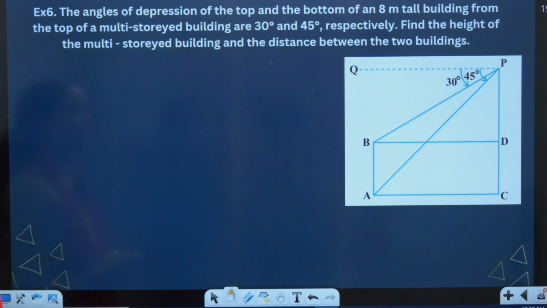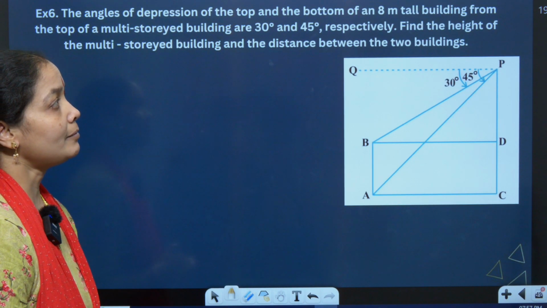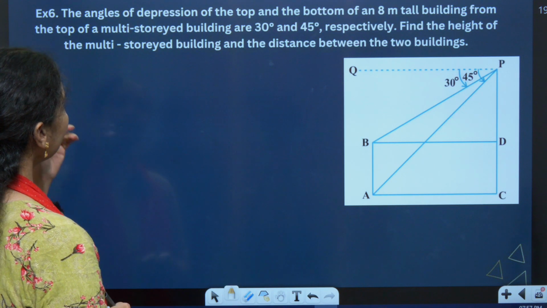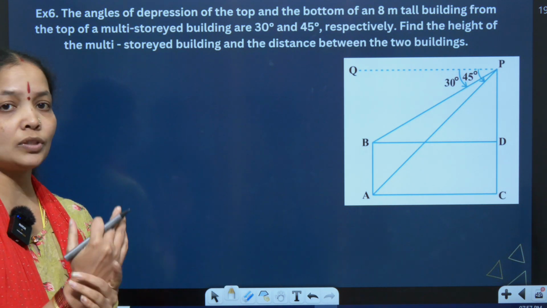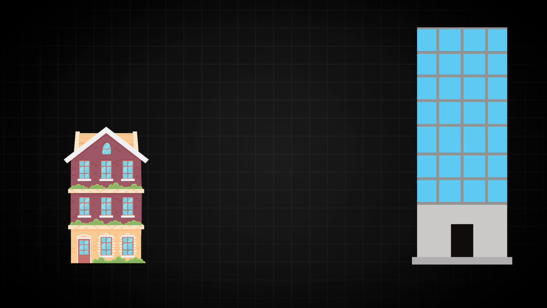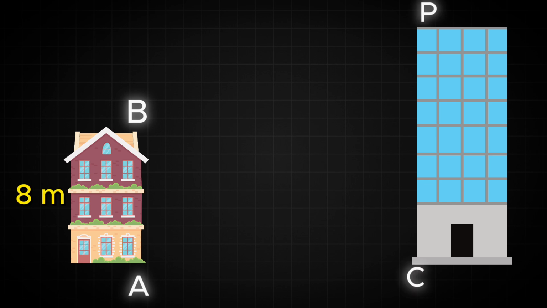The angle of depression of top and bottom of an 8-meter tall building from the top of a multi-storied building. Two things are there: the top and bottom of an 8-meter tall building, seen from a multi-storied building. So I will consider AB as the building which is 8 meters high, and PC is the multi-storied building here.